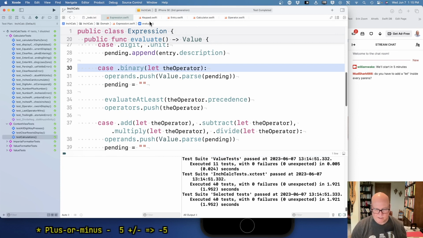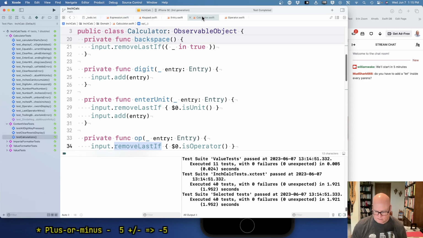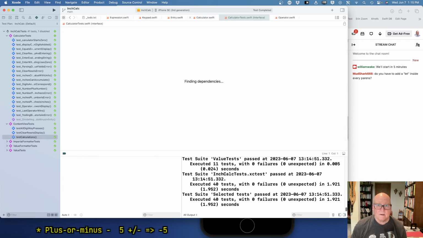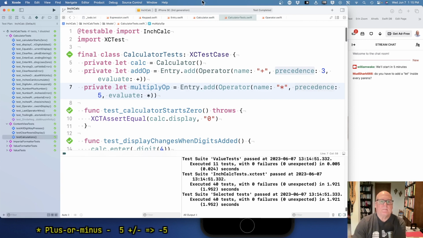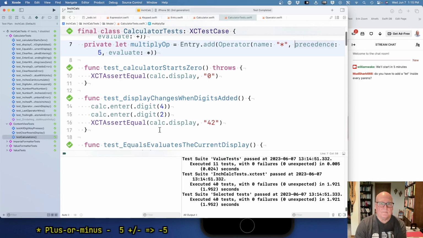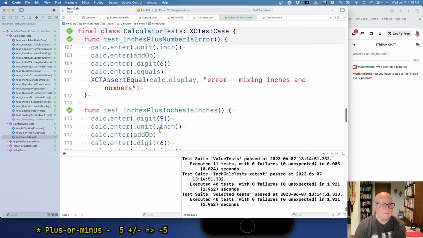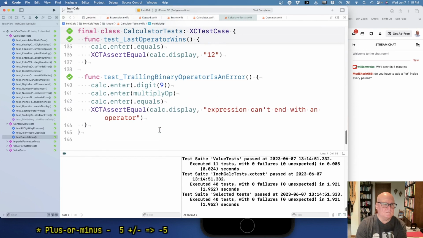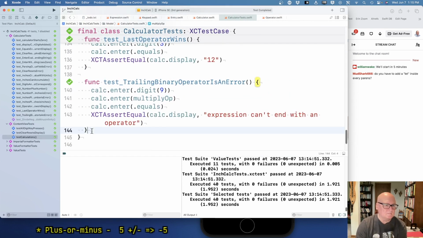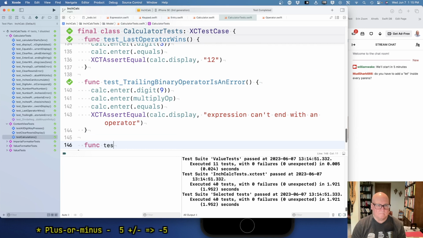So we'll make an outside test on this, or maybe a calculator test. Okay. On number.